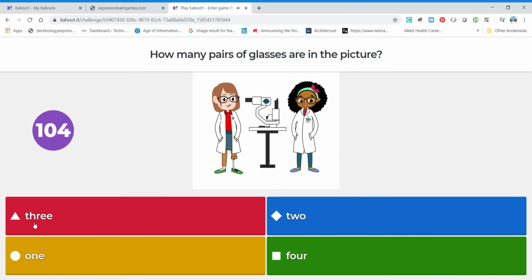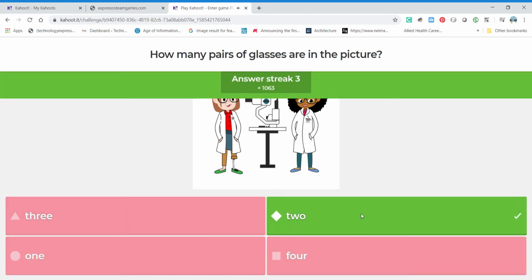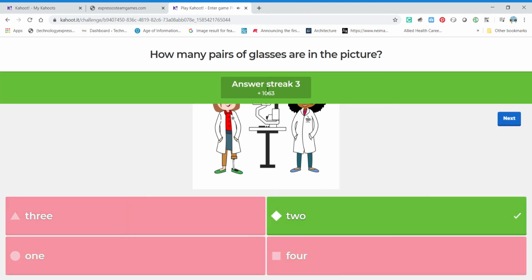That says 3, that says 2, that says 1, and that says 4. Have you picked your answer? Okay, well, I'm going to lock in my answer. 1, 2, that's 2. Now again, you're probably faster than me and may have racked up more points. That's a good thing.